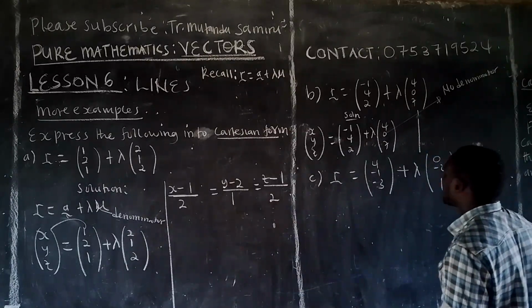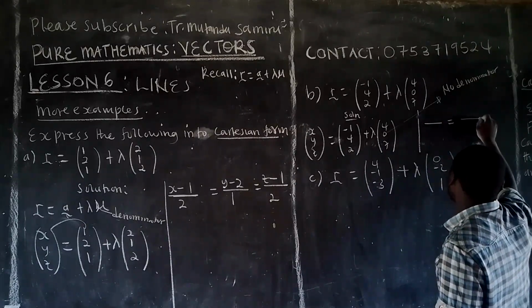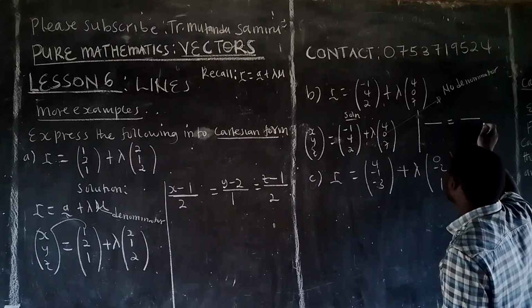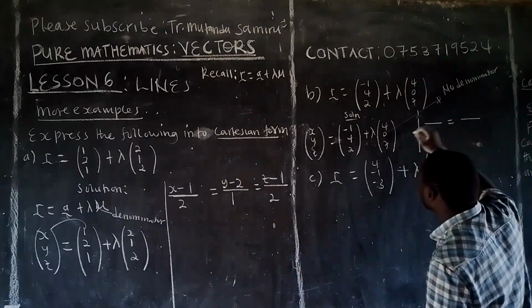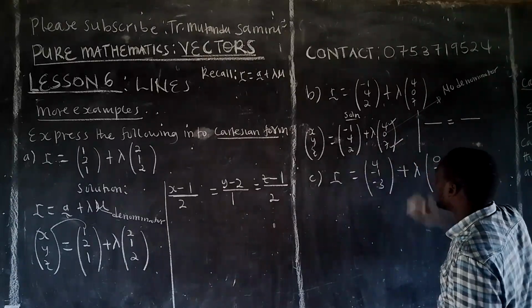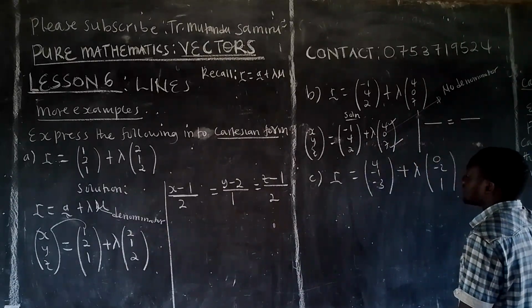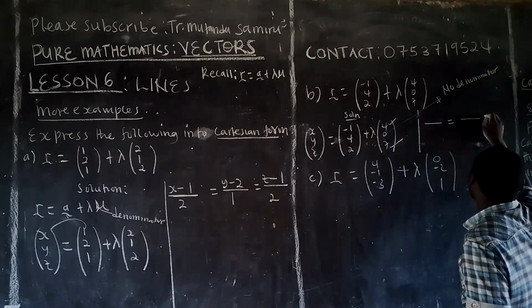What will be our equation? First of all, we have this equals to that. Now you see that if one has no denominator, then we go by the ones which have. This one has no denominator, this one has a denominator, this one has a denominator. So I'll begin with the ones with the denominators.